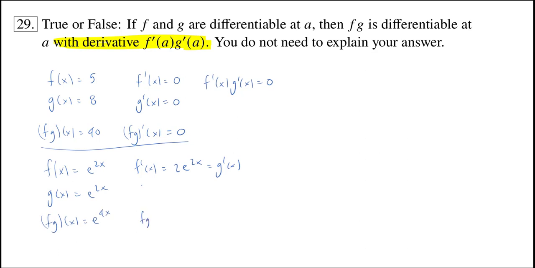Okay, and what is fg prime of x? Well, let's see. That would be 4e to the 4x, and we better do f prime times g prime. So f prime times g prime is 2e to the 2x times 2e to the 2x, which is 4e to the 4x. Hey, they're the same, right?